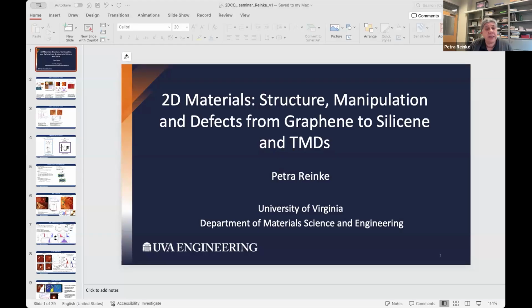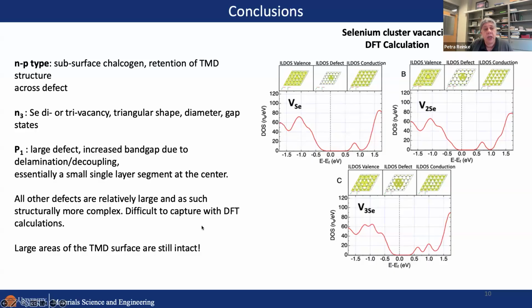Let me summarize here the defect inventory, which we set up. And specifically defects which are labeled here N3. I give you also a comparison with a DFT calculation. A single vacancy created by a loss of selenium, a double vacancy, and a triple vacancy.